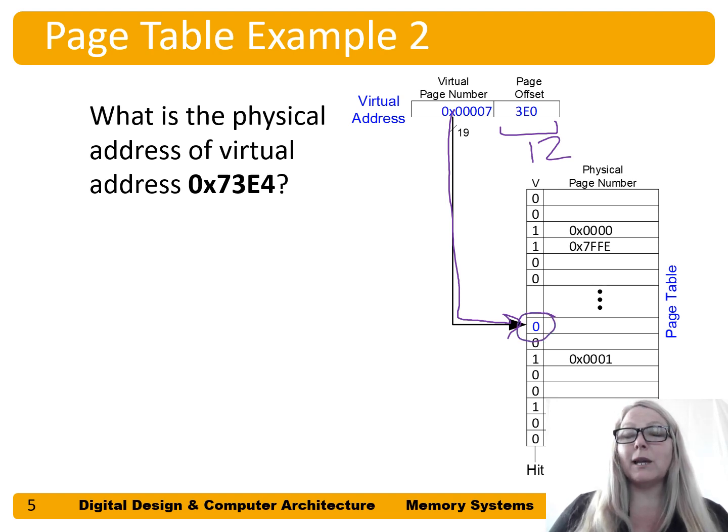So that means that this page is not mapped to physical memory. So the system would need to then pull that page, or choose a page in physical memory where it would like to write this virtual page. So this is a miss in the main memory system.